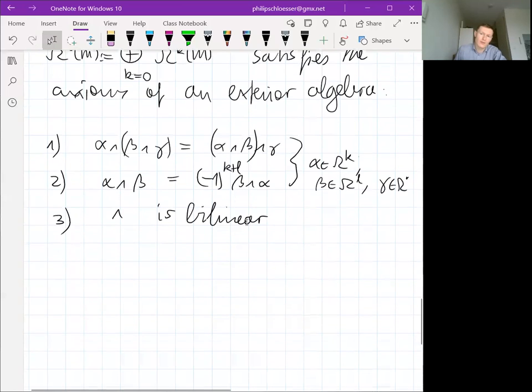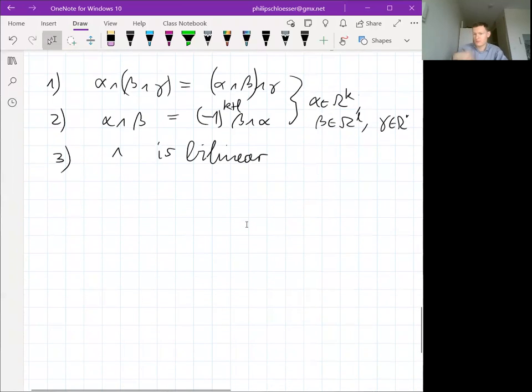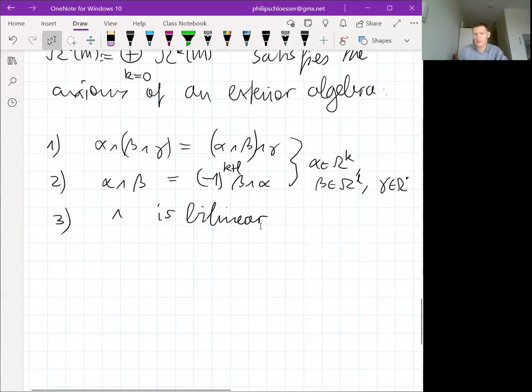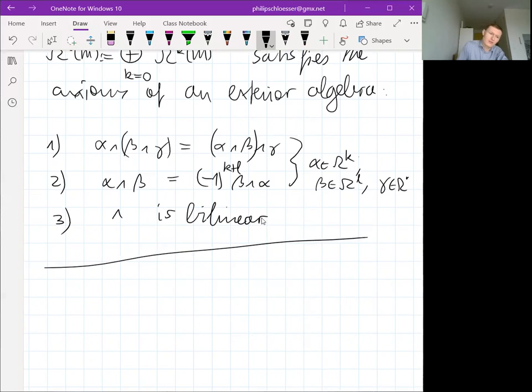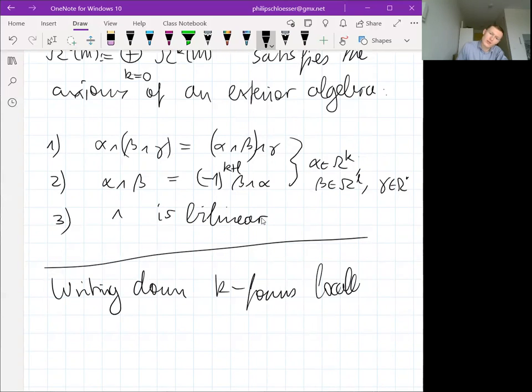So now it would be nice to find out how we can actually write down K-forms locally.